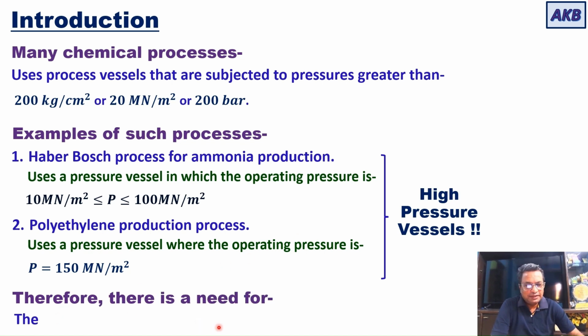So therefore, there is a need for the design of high pressure vessels. That means there are chemical processes which use process vessels or pressure vessels that are subjected to high pressures, and therefore we as chemical engineers should know how to design high pressure vessels.